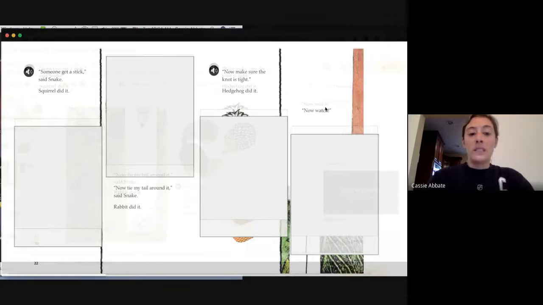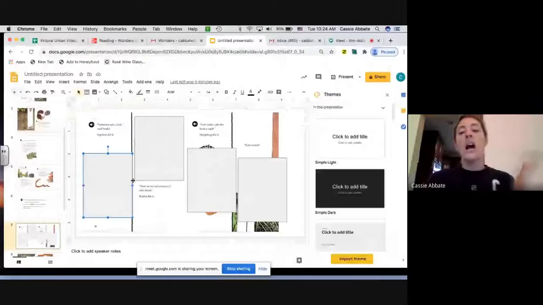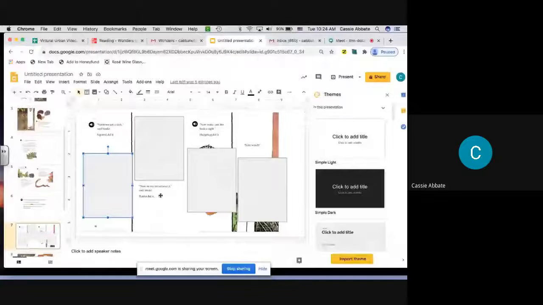All right. So if you wanted to draw 4 pictures like these boxes, that's great. I only drew 1 picture. I drew kind of the whole thing where it said that Snake tied a stick around his tail. So here are the pictures, okay? Here's Squirrel getting a stick. Here's Rabbit tying the stick around Snake's tail.